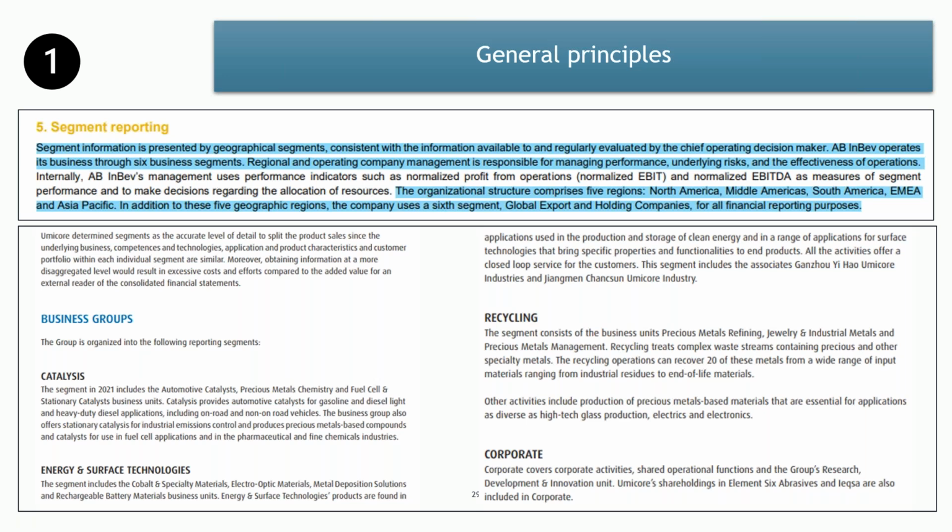IFRS 8 does not require you to explain who is the chief operating decision maker. Is it an individual? Is it a committee like the executive management committee or the board of directors? Although there have been some interpretations requested. There's an interpretation that has been considered: do we need to disclose the chief operating decision maker?